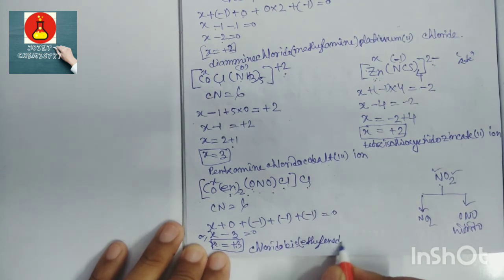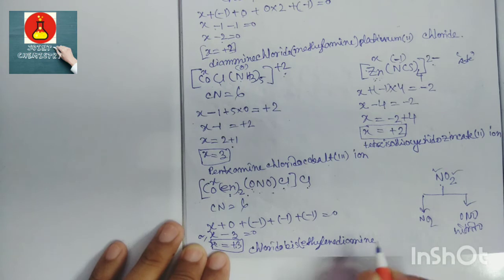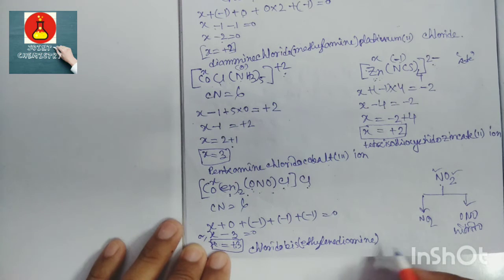Now why this specific one is used, and why this specific one was added? We have to go back to the second video of this chapter. I told you about the 2 rules of IUPAC.